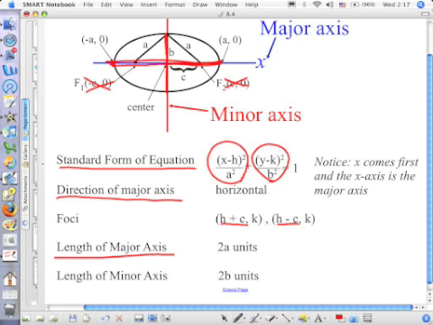Let me ask y'all something. Pay attention real quick. Let's just think. The major axis. If you know the 2 endpoints, where is the center of the ellipse in reference to the endpoints of the major axis? In between. In the middle.